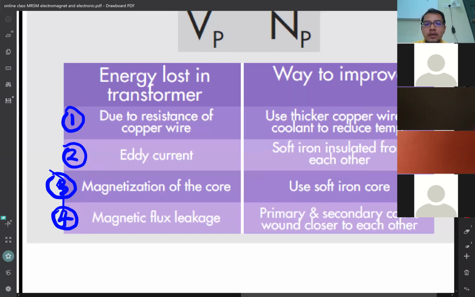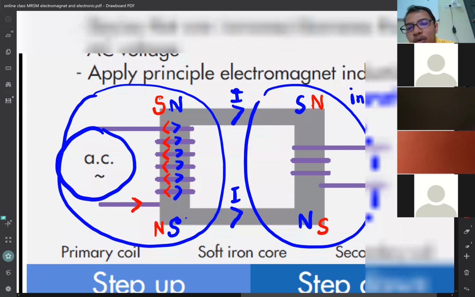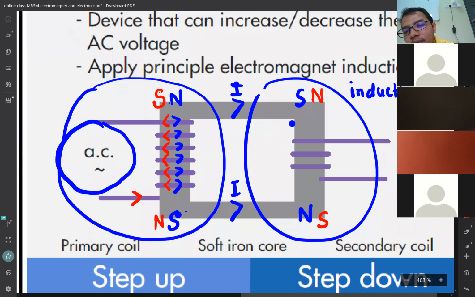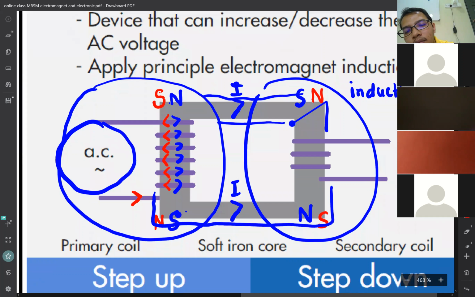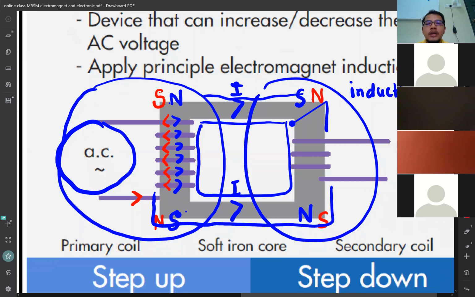Meaning this soft iron core, you insulate it, like laminating it, like wrapping it. In simple words, it is insulate. So the current will stay in the core and does not come out. So that is eddy current.